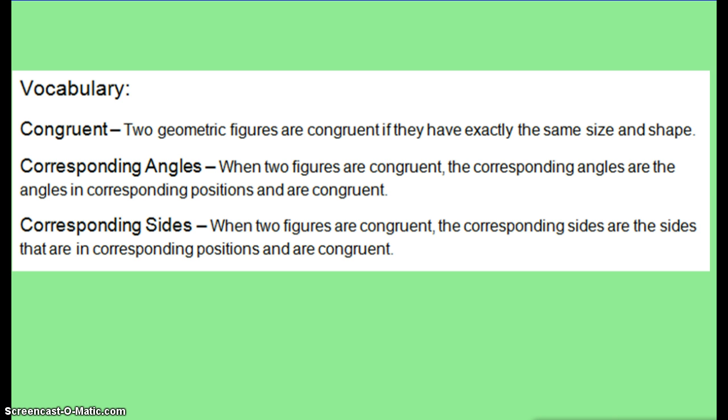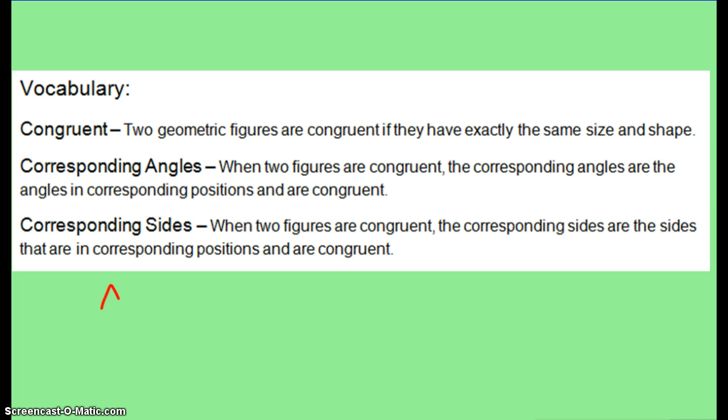Alright, so before we get into all the rest of this, we need to discuss some vocabulary terms. Remember that 2 figures are congruent if they have exactly the same size and shape. Remember that when we dilate things, we don't have the same size anymore, so those are not congruent. Now, corresponding angles are when we talk about 2 triangles being congruent.